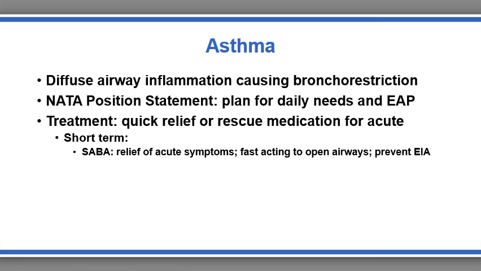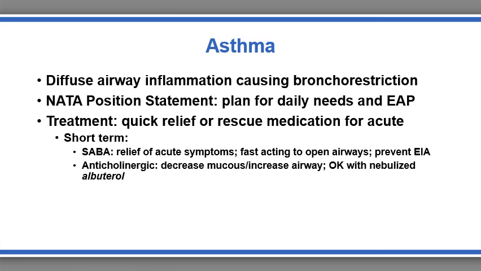You also have your anticholinergic drugs. Anticholinergic medications look to reduce mucus and open the airways by inhibiting what are called muscarinic cholinergic receptors, and they reduce the vagal tone in the airway. So they do work to open the airway, but through a little bit of a different mechanism than short-acting beta agonists.